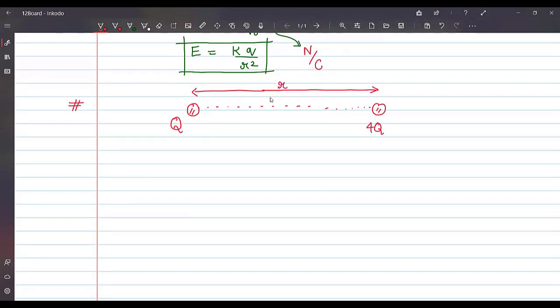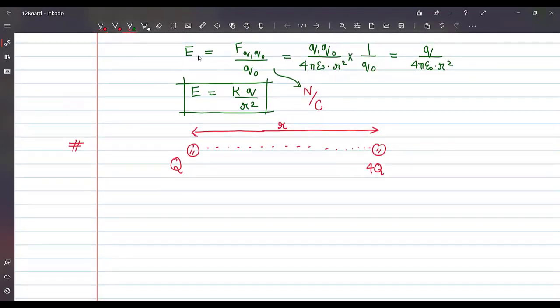So you can directly find the point at which the electric field is 0. As you see here, electric field is force per unit charge, so force can be written as charge times the electric field in the region.